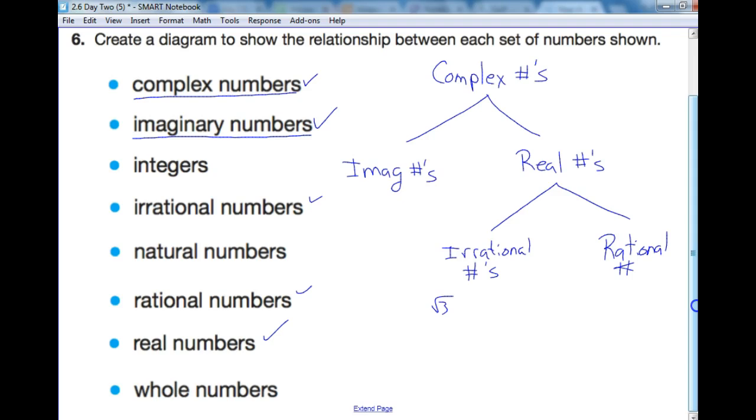They are irrational. Rational numbers are any numbers that can be expressed as a fraction where the numerator and the denominator are both integers. So 2 is a rational number because it can be expressed as 2 over 1. Underneath rational numbers, we have some other classifications.